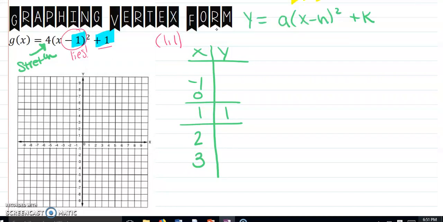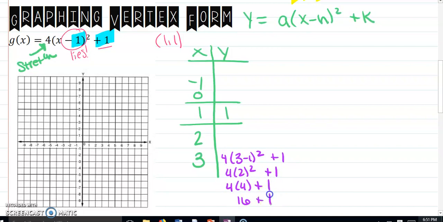So let's start with plugging in 3. 4 times (3 minus 1) squared plus 1. PEMDAS is really important here. You use PEMDAS in every step. So 3 minus 1 is 2. Squared is 4. Times 4 is 16.